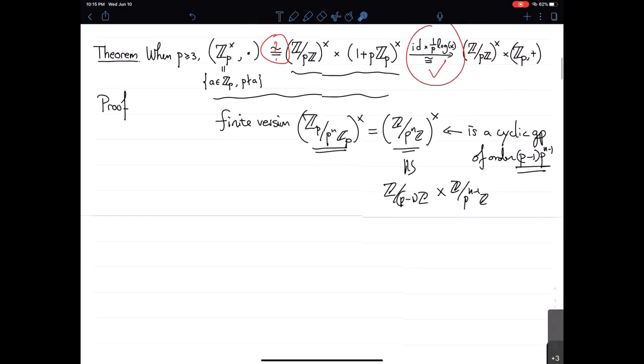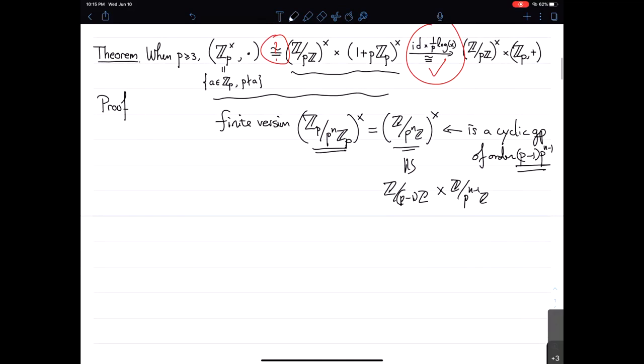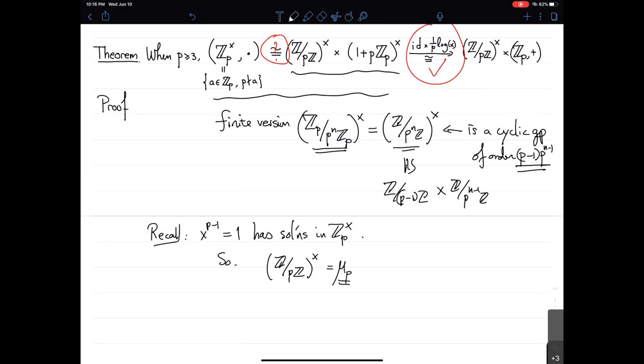So let's explain this proof. Let's first recall that x^(p minus 1) equals 1 has solutions in Z_p cross. So in particular, I have a way to embed back all the (p minus 1)st roots of unity back to Z_p cross.